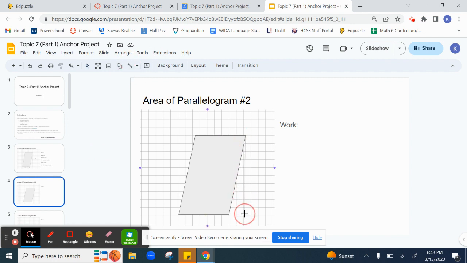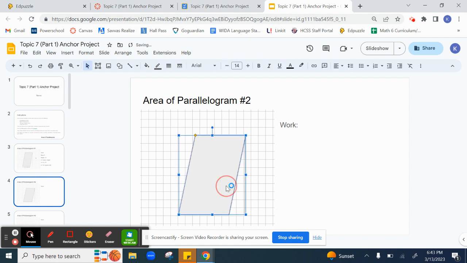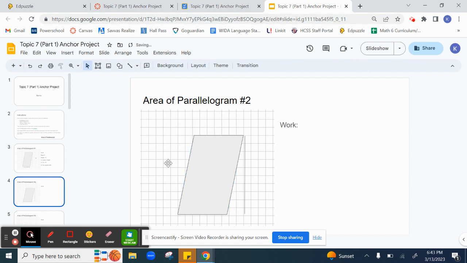I've got my height line. So let me move this over a little bit more. Make it a little bit smaller. Okay. So I've got my base. I've got my height line. So you're going to count out the base and height line, choose the formula, and find the area. And go.